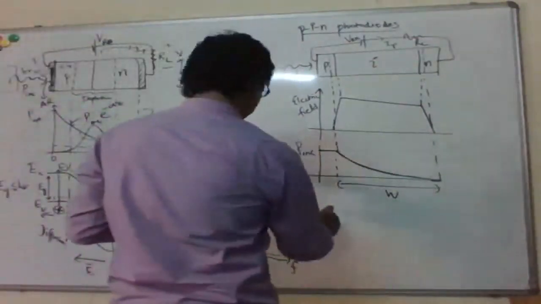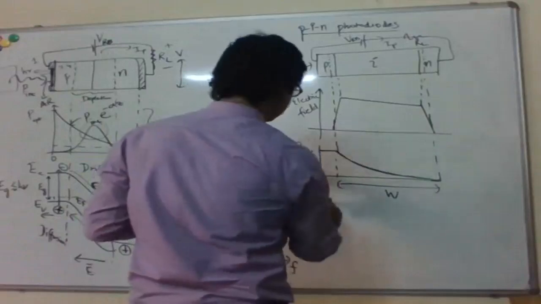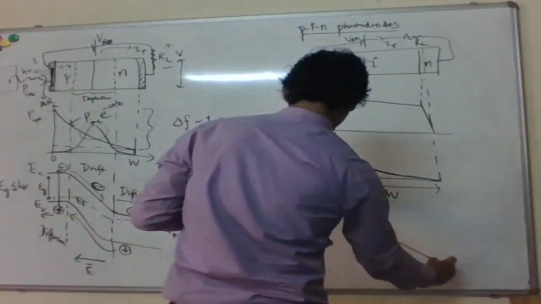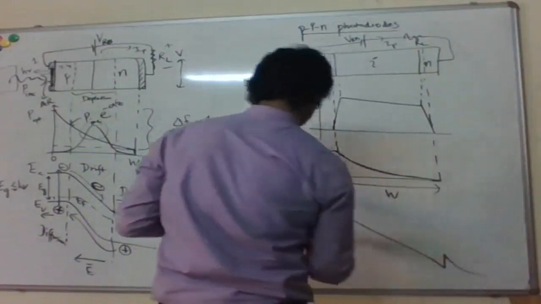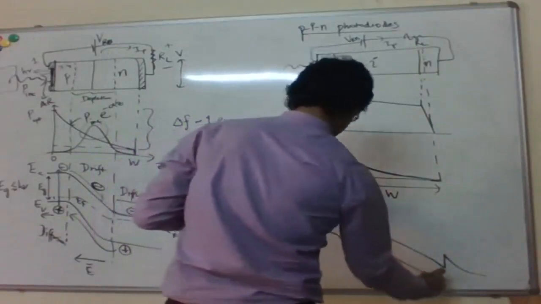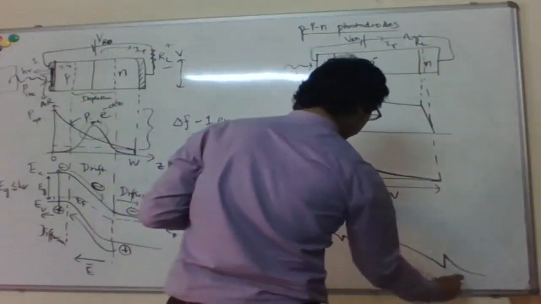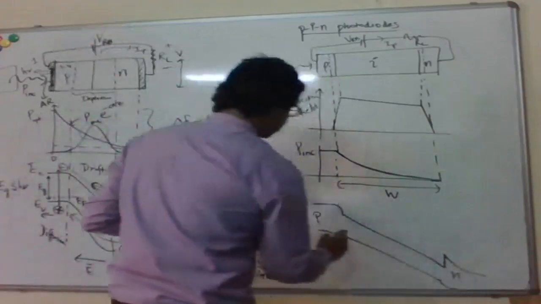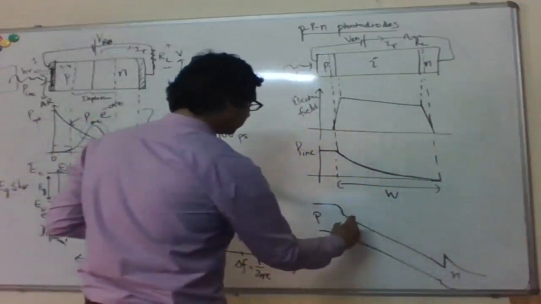right? So if I draw an energy level diagram like this, okay, so this is the P region, N region. So the photon energy is something like that.